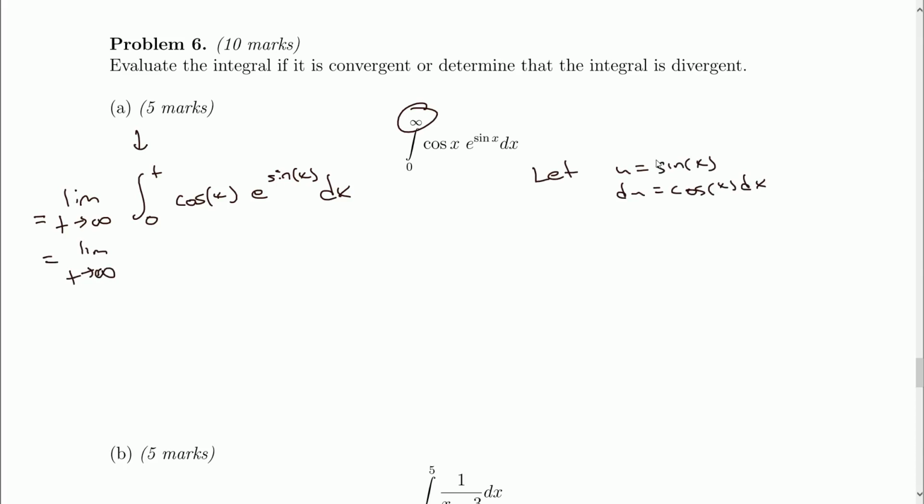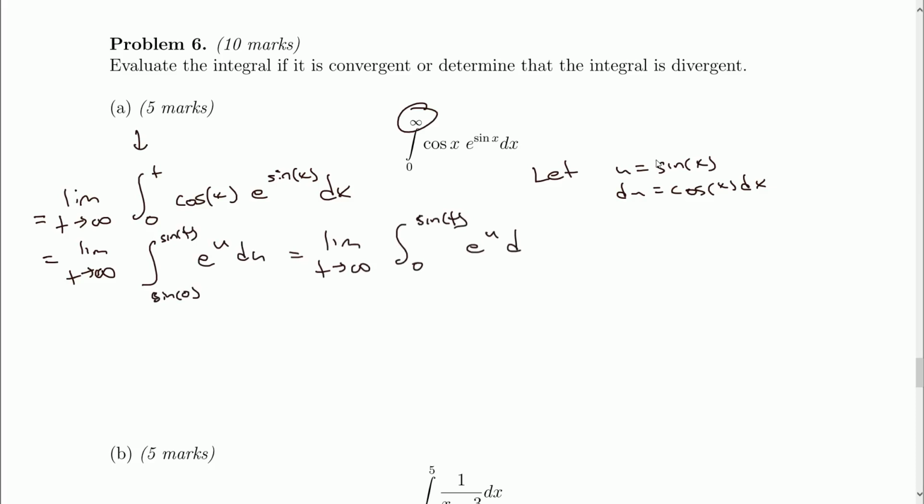So what's going to happen? Well, I do have to worry about my bounds, but this will just turn into e to the u du. This becomes sine 0, and this becomes sine of t. Sine of 0 is 0, and we'll just have a sine of t lying around. Not that big of a deal.